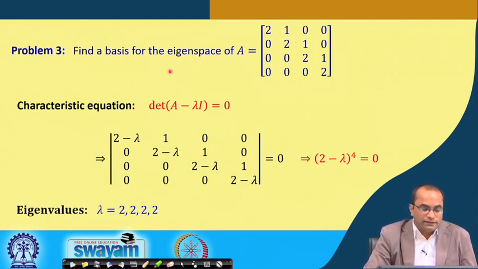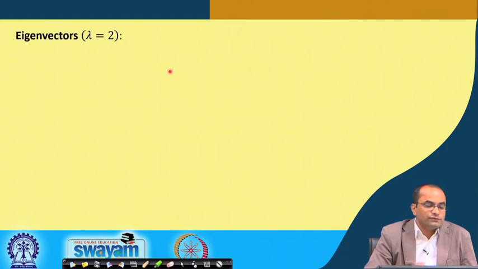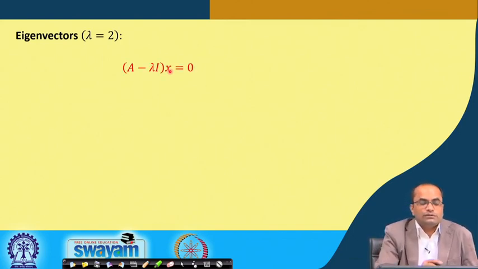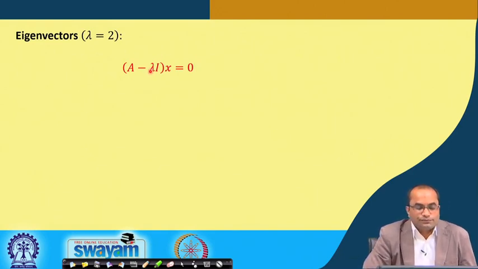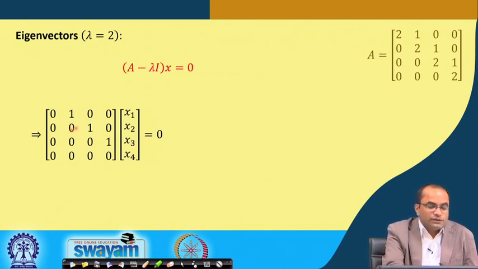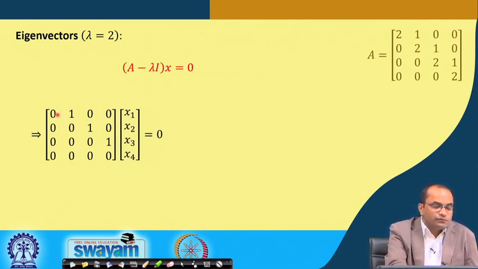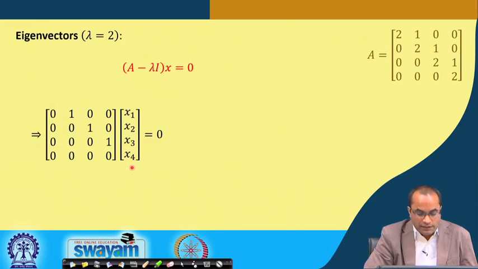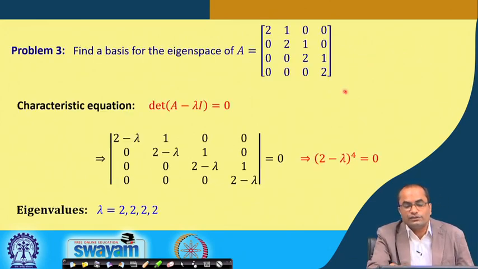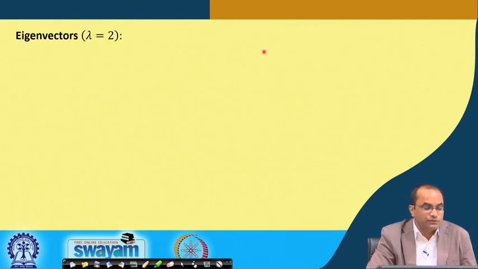To get the eigenvector, we have to set up (A minus lambda I) x is equal to 0, this system of equations corresponding to lambda is equal to 2. This 2 will be subtracted from the diagonal entries, so these diagonal entries will become 0 now.